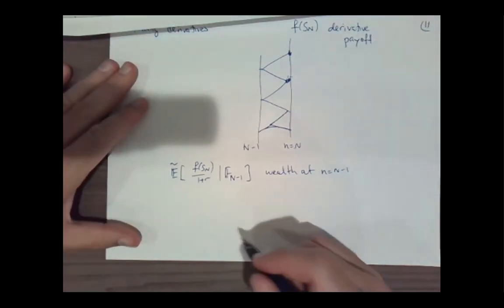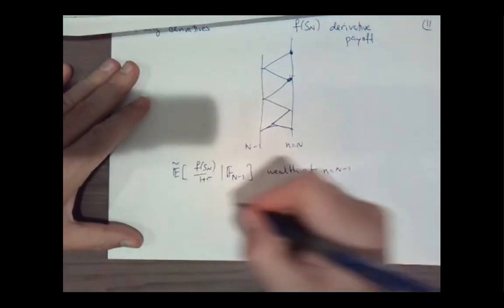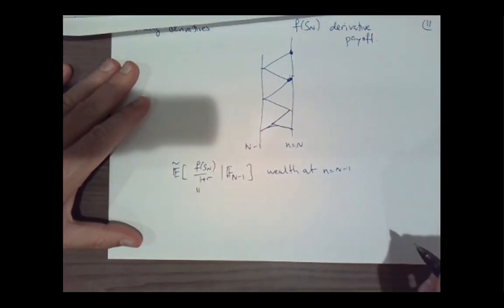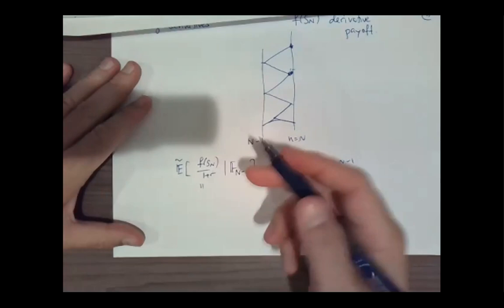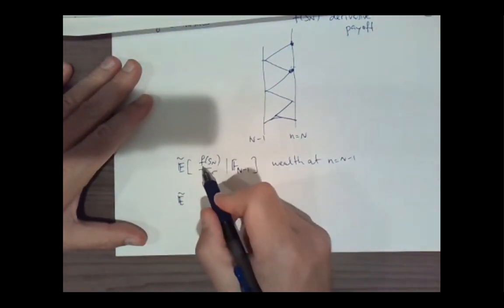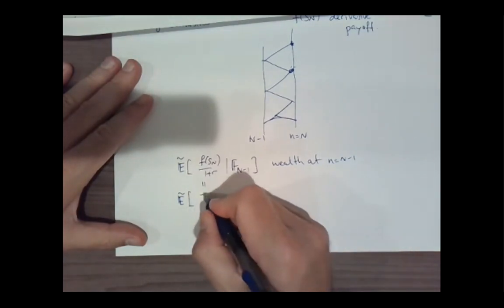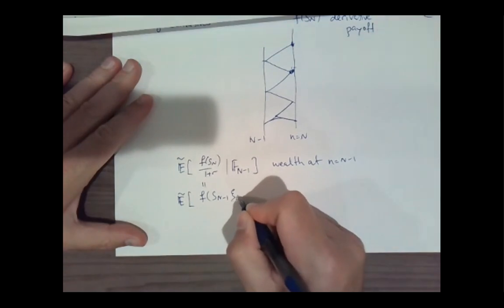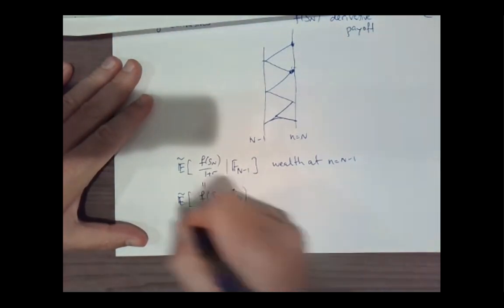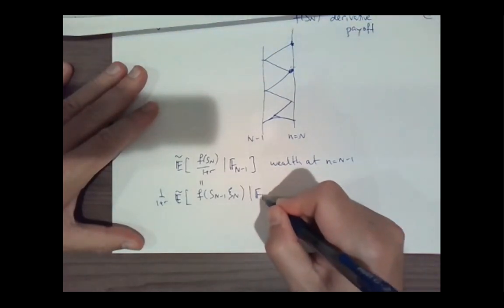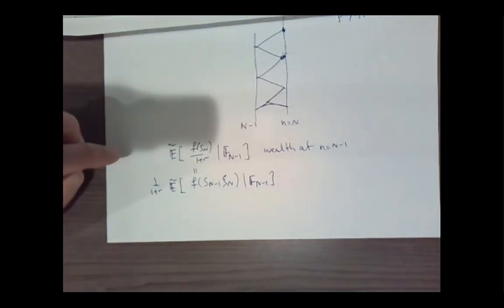So what would it also be? Well, we'll try to work out what this conditional expectation is. We will go through the same motion as what we had done before. We have to take into account that this is now a function here. So we'll have f of S_{n-1} psi, and you have this 1 over 1 plus r, you can take outside, and you have F_{n-1}.